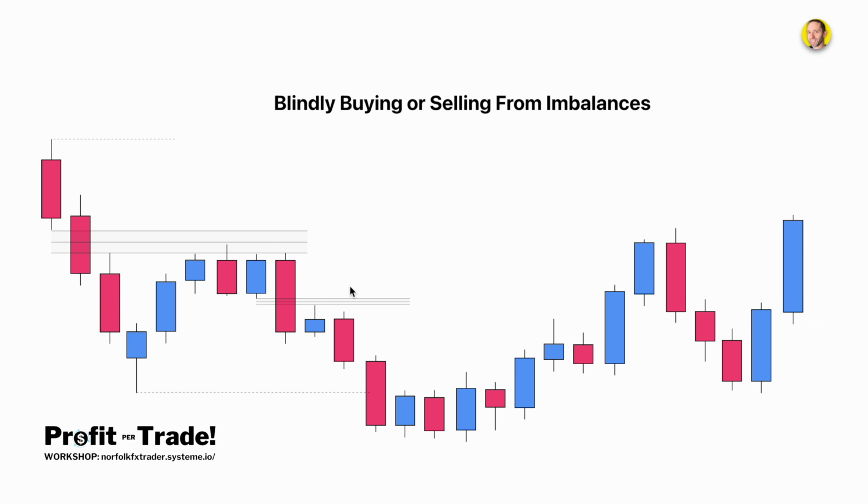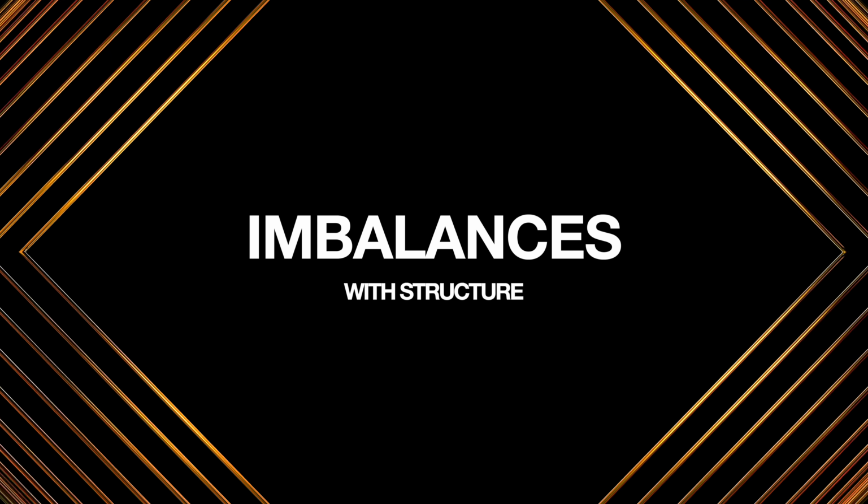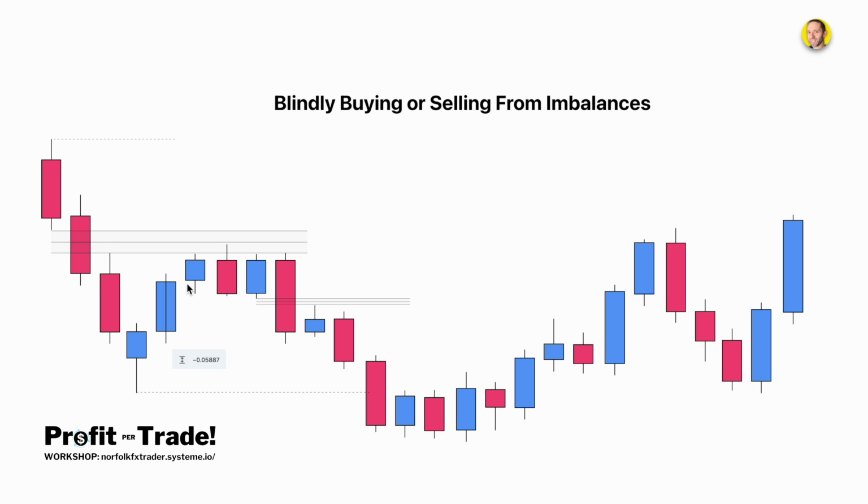The common mistake that other traders are making is not applying imbalances with structure. So this is where we've just gone through showing that swing move of structure. At this point, we can now mark off a new swing high. So a new range high becomes this high here, and a new range low will become this low down here.